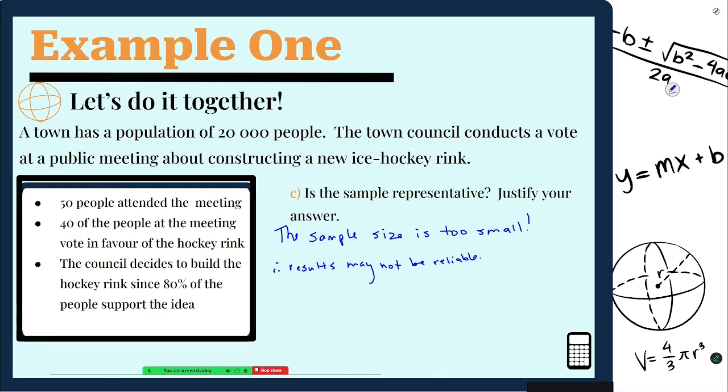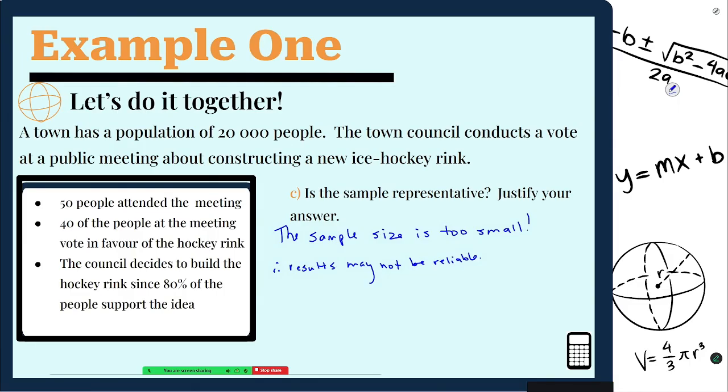It could be because you asked a voluntary sample. Only people who could attend this meeting. Maybe this meeting was at 10 a.m. on a Tuesday morning, and a lot of people are working then. So only people who could attend could vote, and that's not really fair of the population as a whole. The people who attended have an opinion about the arena.